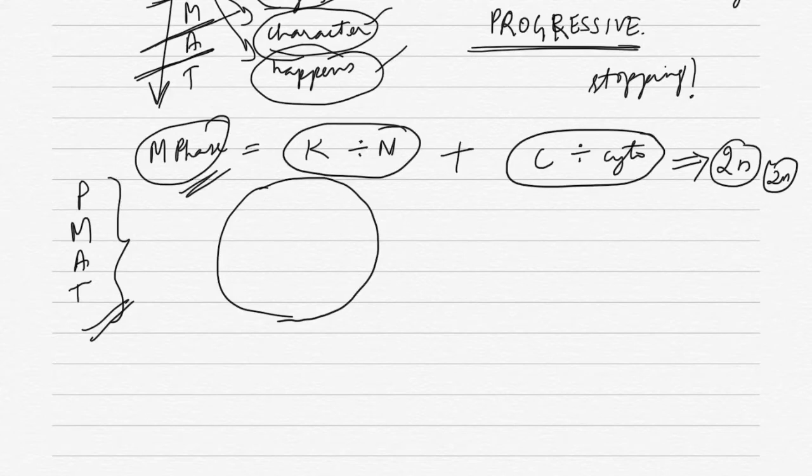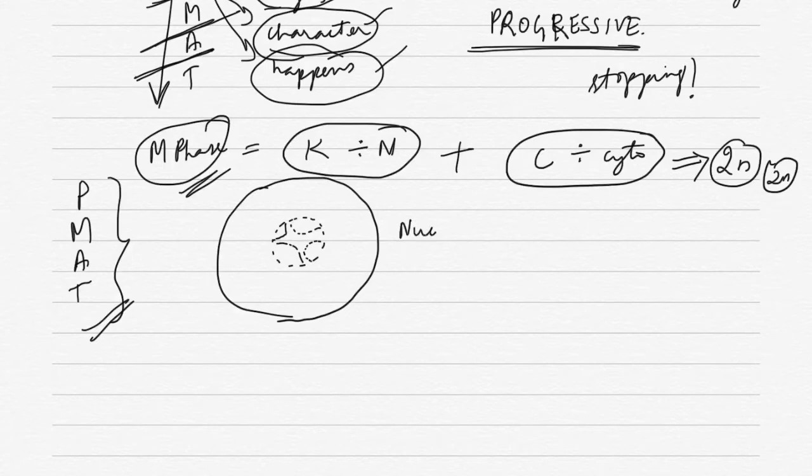Here first what happens is the nuclear membrane starts disintegrating, the nucleolus starts disappearing, and then all the organelles disappear, like endoplasmic reticulum, Golgi apparatus, everything. I am just drawing a schematic representation of the nucleus dissolving.